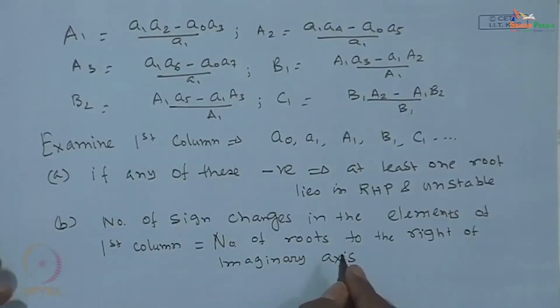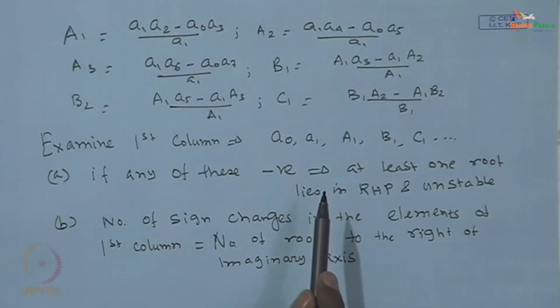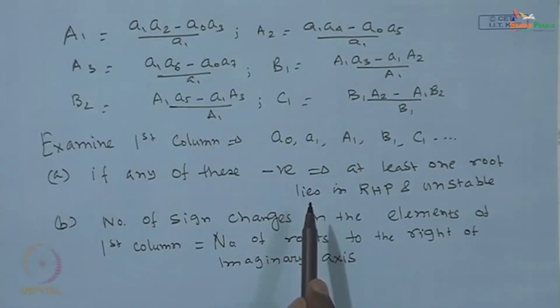So, the condition is that all the elements of the first column of the Routh array should be positive for having a stable condition, as well as all the coefficients in the characteristic equation have to be positive for stable conditions.